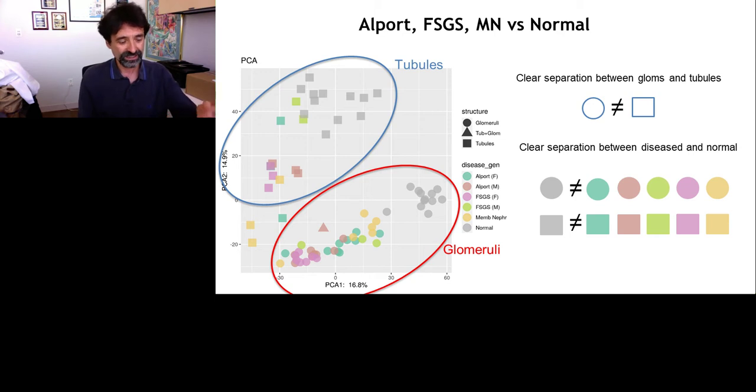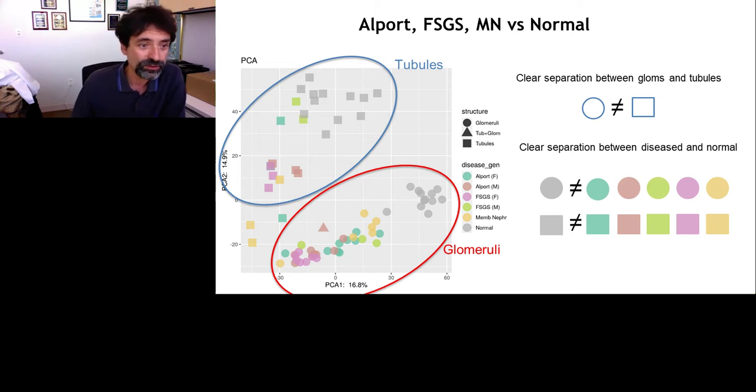So this indicates that the gene expression profile of the tubules and the glomeruli was different, as predicted, as these are two very different regions with two different structures and different functional capacities.